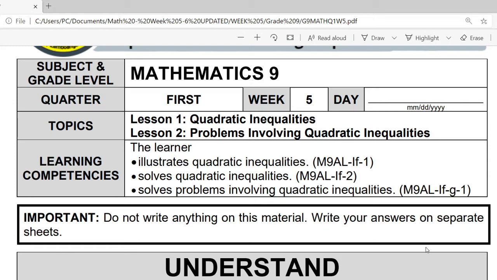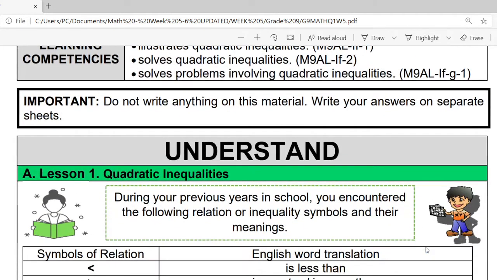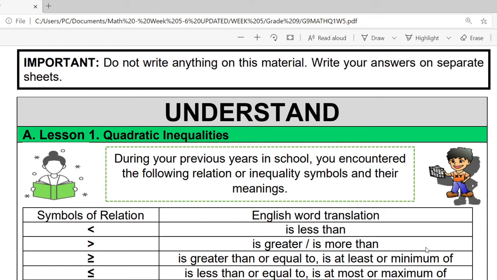So what do you need to understand here? You need to understand about quadratic inequalities. During your previous years in school, you encountered the following relation or inequality symbols and their meanings.